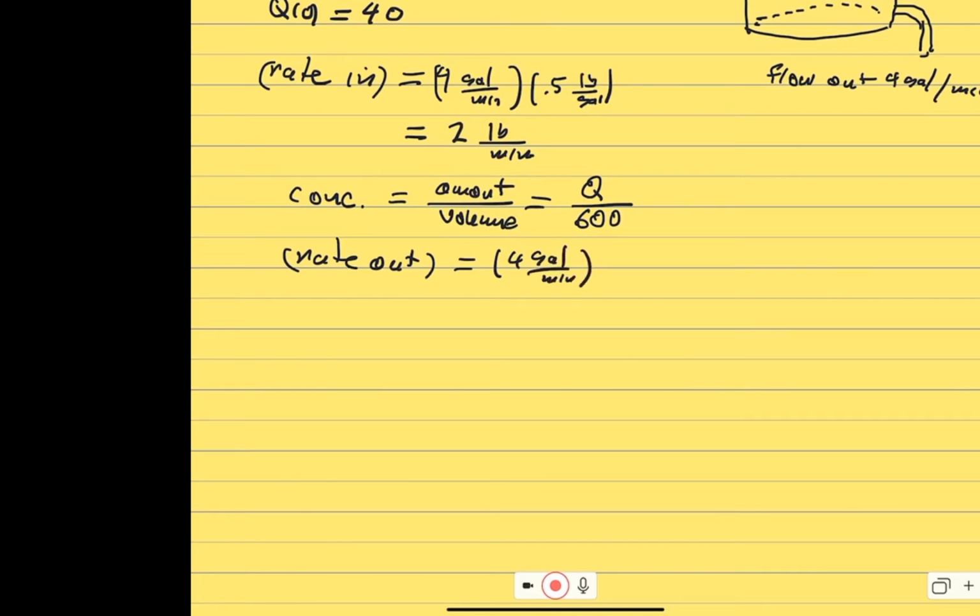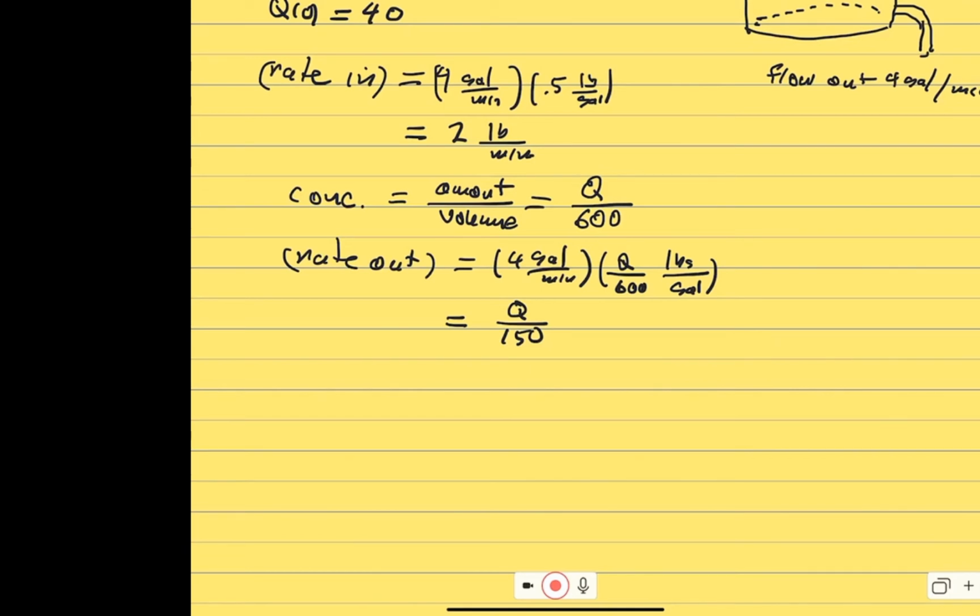But this time the concentration is Q over 600 pounds per gallon, which gives us, let's see, 4 goes into 600, 150 times. So this is just Q over 150.